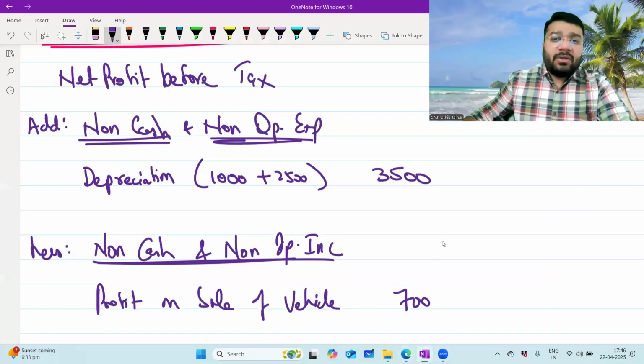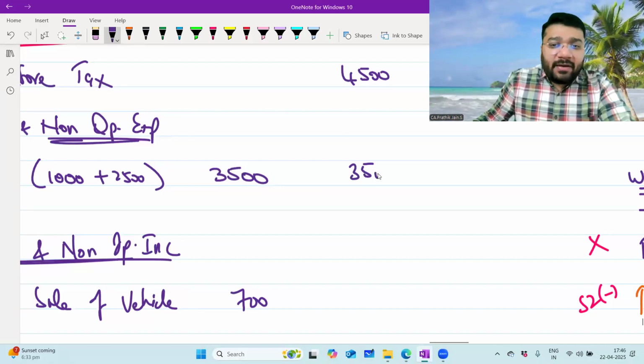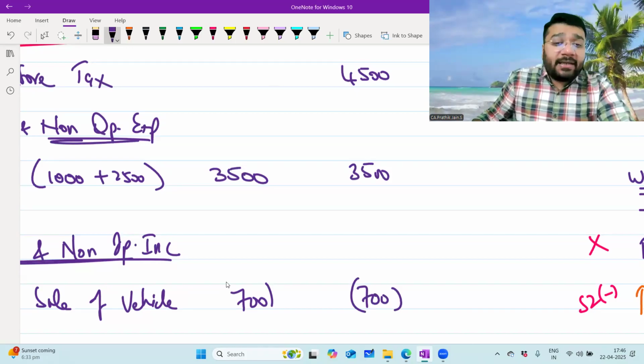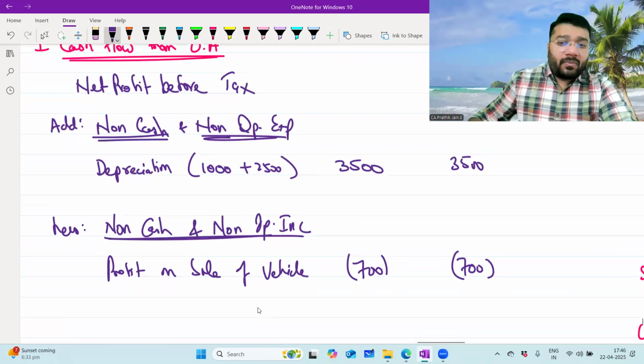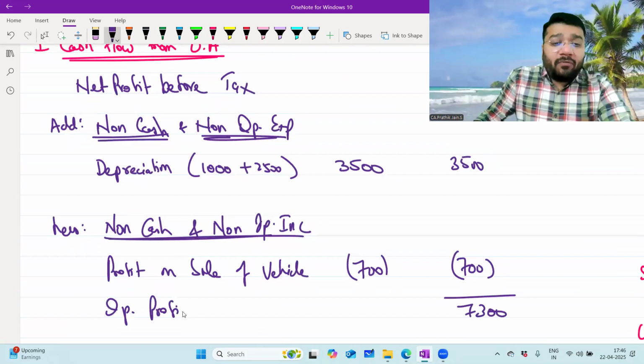Nothing. So straight away write both of them in the outer column. So this is 3,500 added and this is 700 in the brackets. Be very careful in the brackets. 7,300. What is this called as? Operating profit before working capital changes.